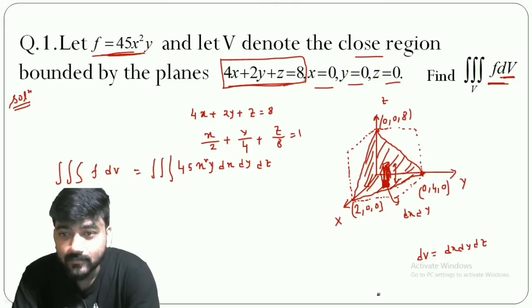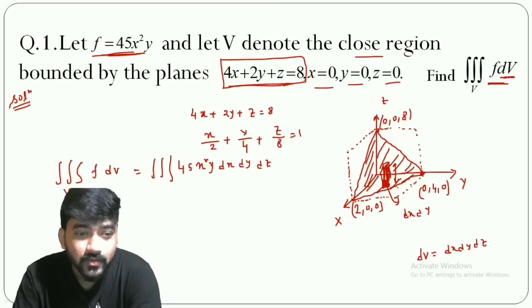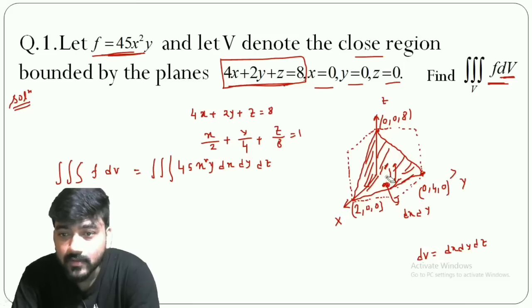So let me give you the diagram first, then I will tell you how you can use the concept. Okay, so let me do it, otherwise you cannot get it. Okay, so let me tell you the actual thing.